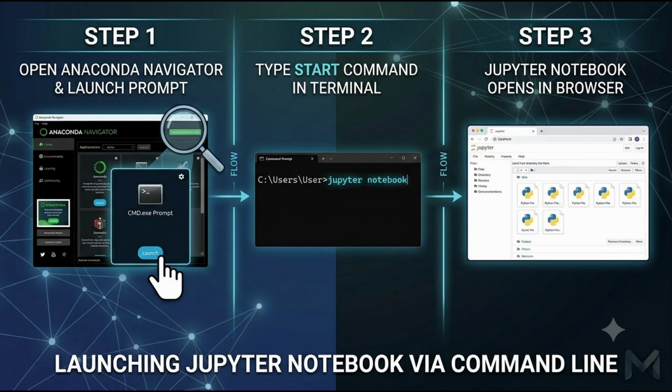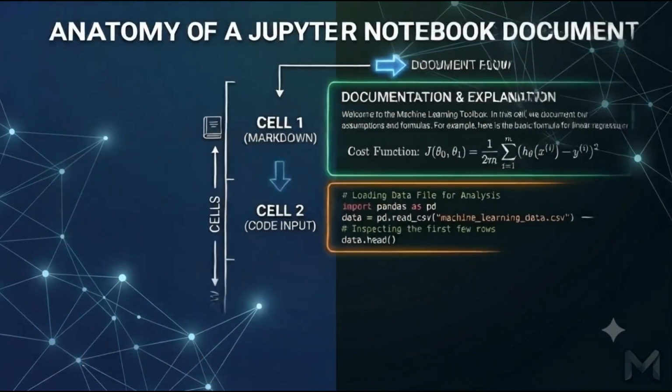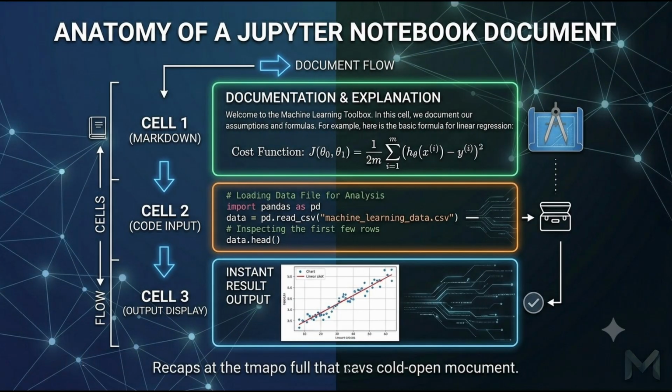Jupyter completely reimagines this process for data science. A Jupyter Notebook is an interactive web interface that creates a live document. Inside this document, you can mix executable blocks of code, raw equations, interactive data charts, and plain narrative text all in one place. It operates on a concept called cell-based execution.